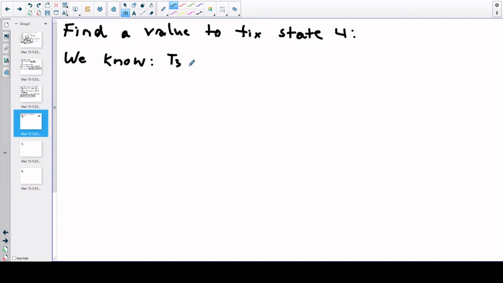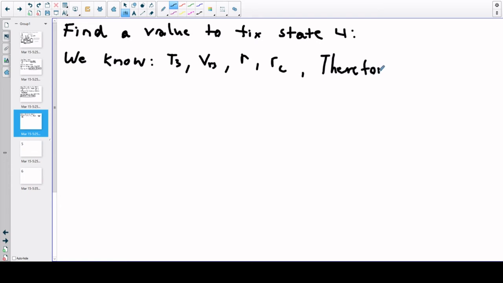We know T3. We know R, VR3, and we know RC. So from here, some things we can use. We obviously can use relative volumes, so VRs.